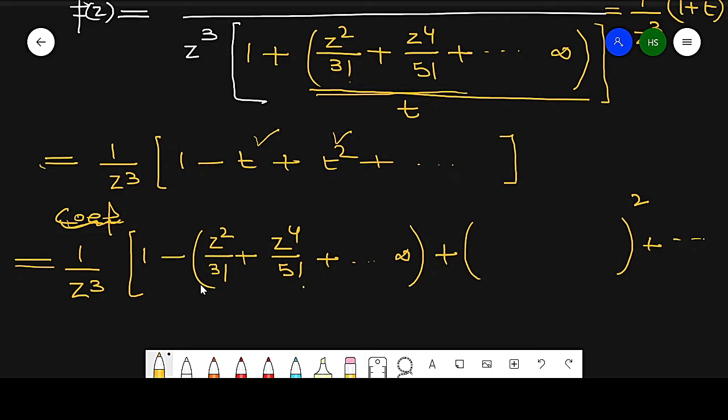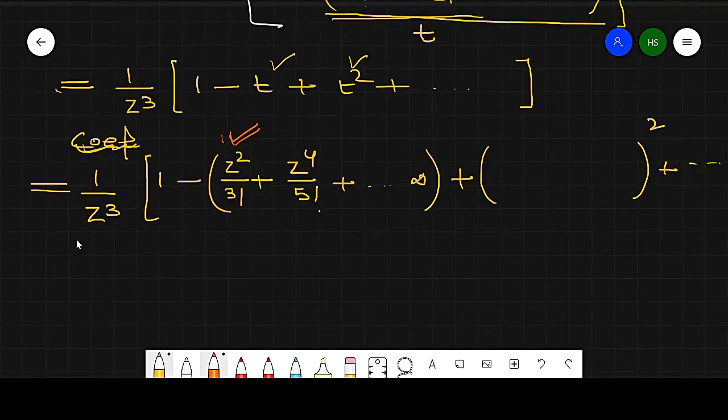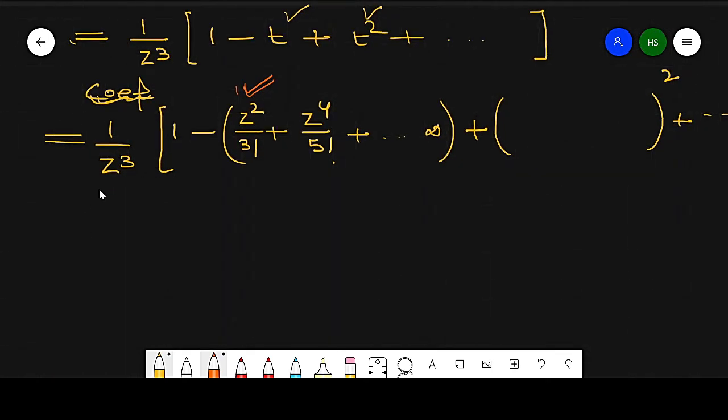Now my requirement is to find the coefficient of 1 by z. So it will come only from this and this term.